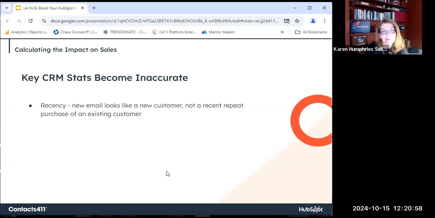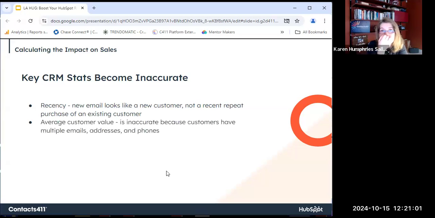So that's an important thing. It also messes up your recency, right? Because it looks like that existing customer hasn't purchased from you in a long time. Average customer value becomes inaccurate because if you've got multiple emails and multiple addresses and phones that are separated, or you don't have enough information, so you have Karen Salick three different times as Kay Salick in one place or Karen Humphreys Salick in another place with different emails, and you don't have enough information to put me together, and you've got that on a fair percentage of your database, you don't know an average customer value.